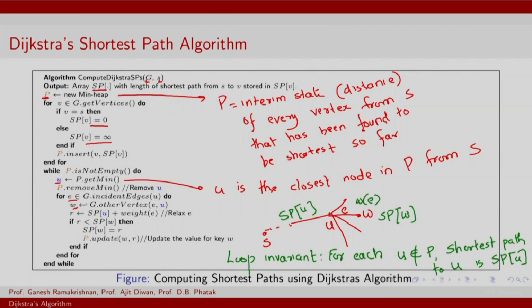One can very formally provide the proof for this loop invariant, that the loop invariant is actually satisfied at every iteration, using contradiction. It is a very straightforward proof.